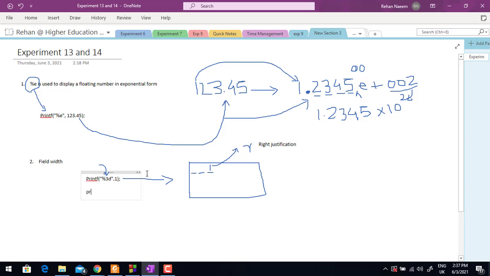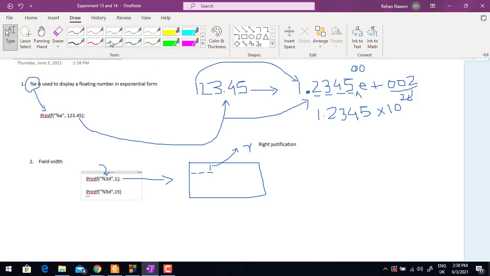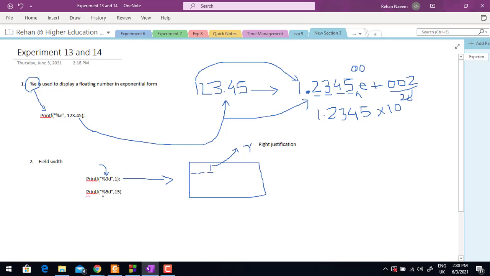If I write printf percentage 5d, 15, now what will happen? 5 spaces will be allocated to display 15.